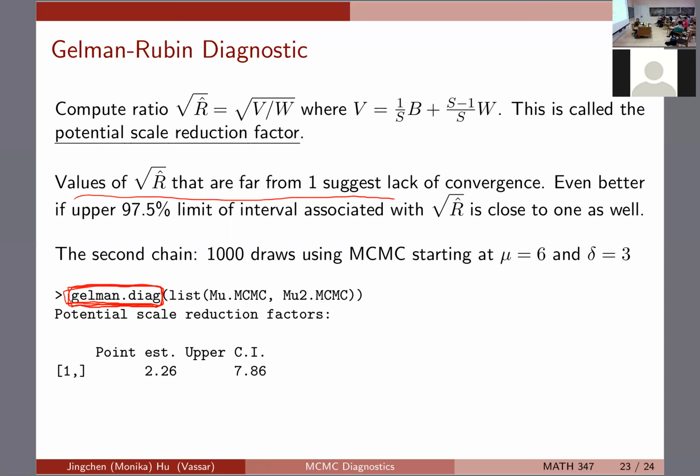For most of the chains that you're running, you should check all of the diagnostics, and altogether they give you the picture, not just one of them. Say the Geweke earlier didn't flag it, but looking at the trace plot and some others, it wasn't good enough for this particular chain that we did. And then the Gelman-Rubin is computing this scale reduction factor.